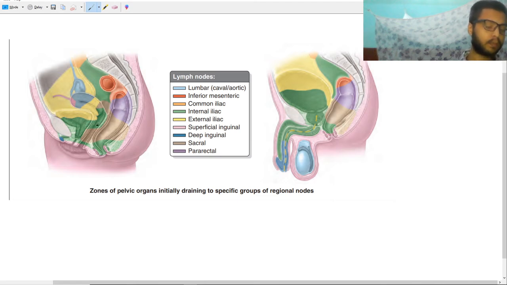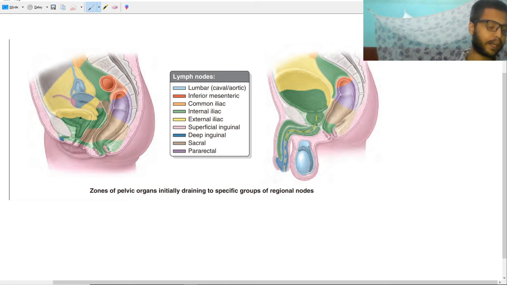And in this picture you can see in the female pelvis, superolateral uterus near attachment of round ligament. You can follow this color, this is pinkish color, okay. Yes, superficial inguinal lymph nodes. So superolateral uterus near attachment of round ligament, you can see here the round ligament, okay.